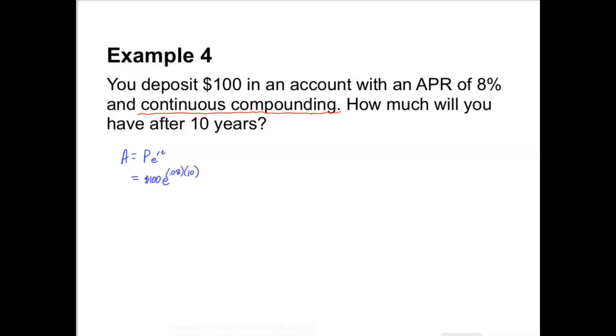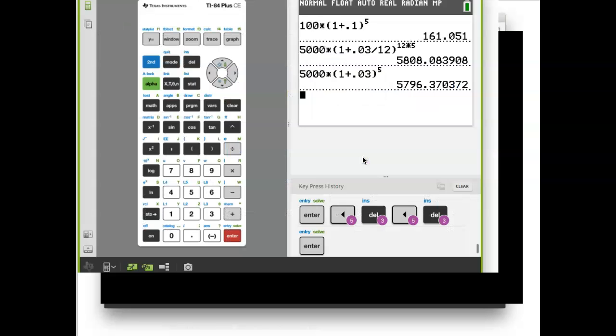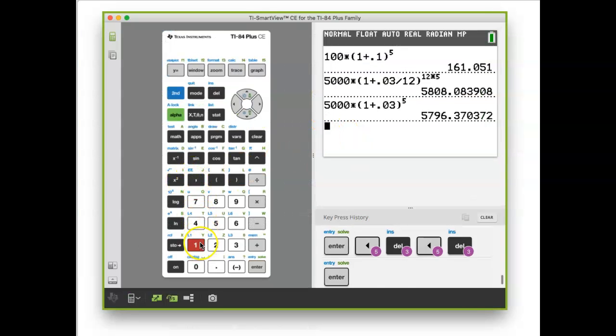We'll just go ahead and throw that in the calculator. So here's where you can find e. So 100 times. There's an e above the division symbol, or if you want e to a power, right above natural log, you can do second natural log. You can use either one.